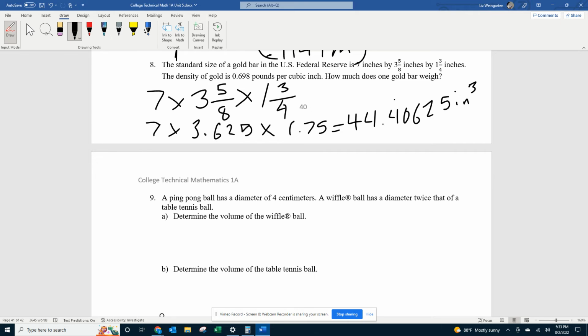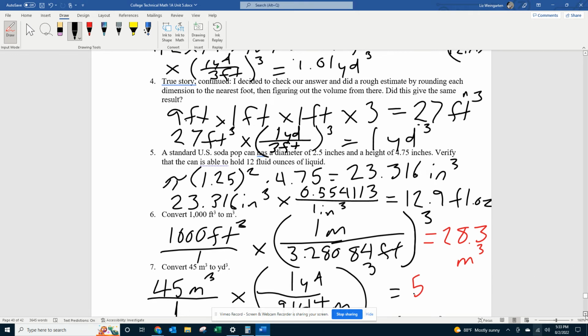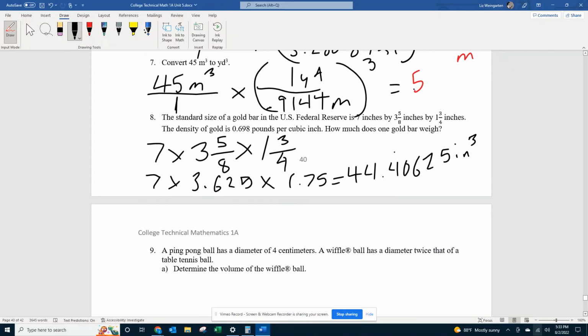It is, silly computer, times, we want cubic inches on the bottom, and it is 0.698 pounds per cubic inch.